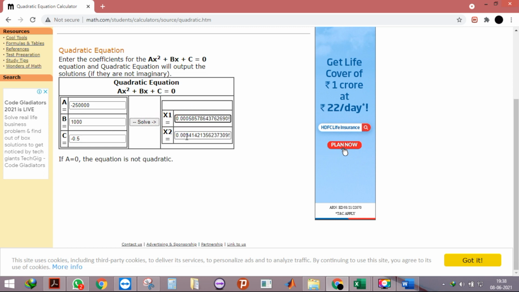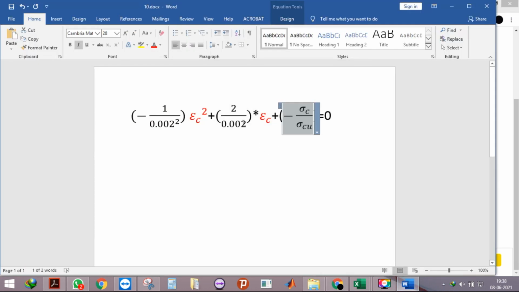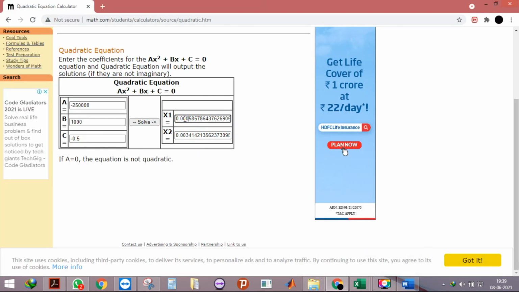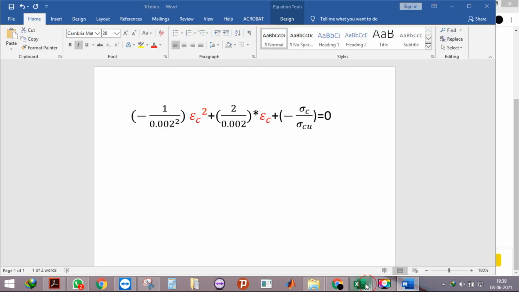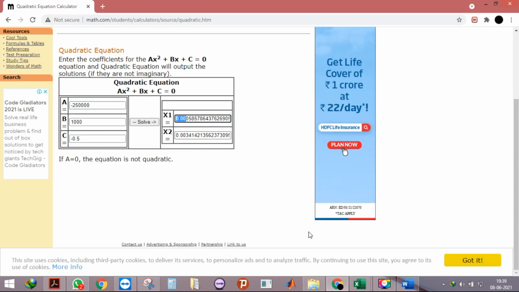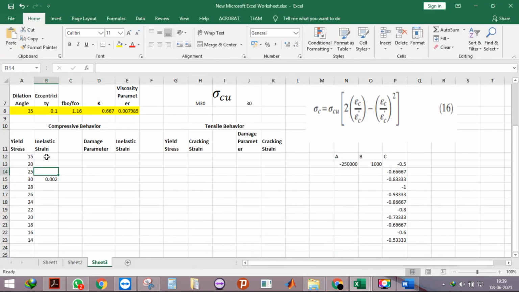Out of those two roots, as the stresses are before the strain 0.002, we'll take the strain which is less than 0.002. So take that strain which is less than 0.002 and simply paste it here, before 0.002, and those which are higher than 0.002 will be pasted after 0.002.